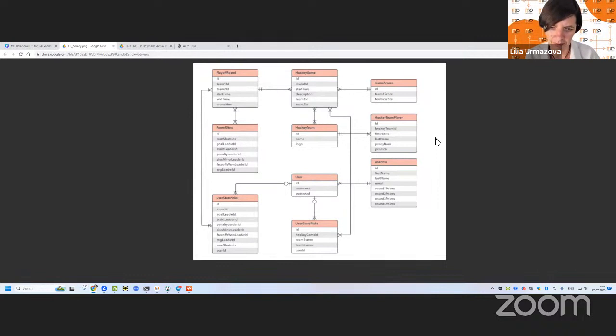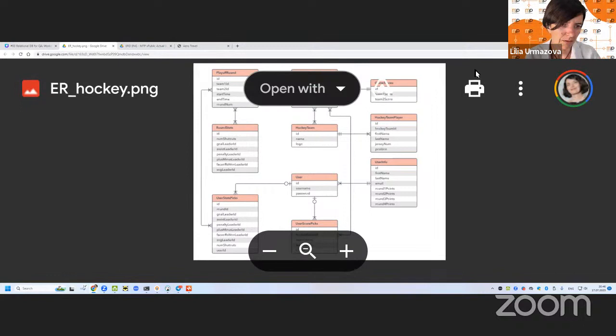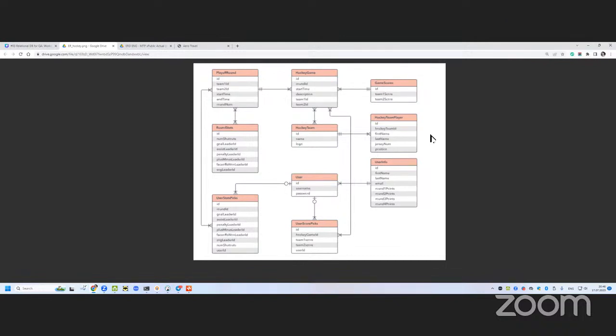For example, let's start from something more simple. Hockey team player. What is it about? To what is it related, and what information do we have here? Hockey team player. About a person who plays in this team, ID.